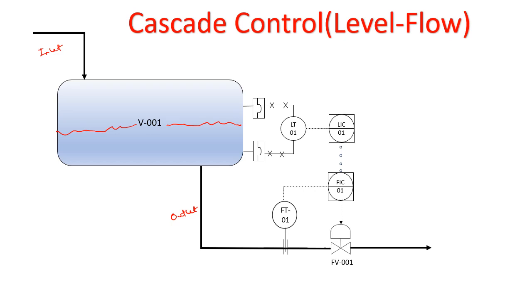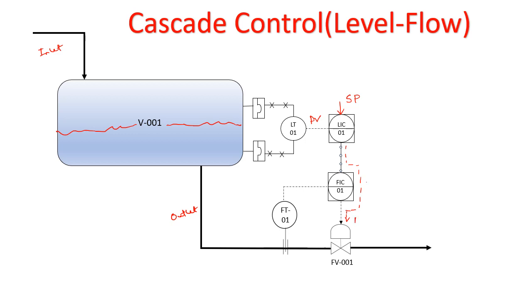How is the level measured? The level is measured through an LT. So LT provides you PV, and this LIC is getting the set point from the operator, and it generates basically MV. So in the normal BPCS case, the signal from this LIC will directly go to the valve and the control will be done.